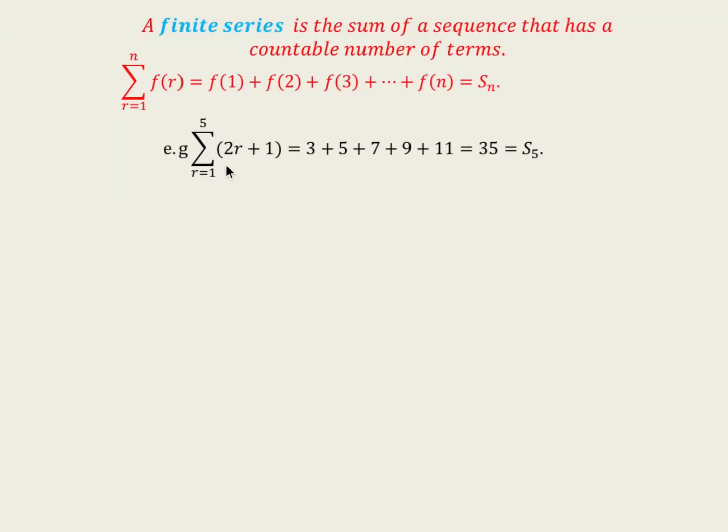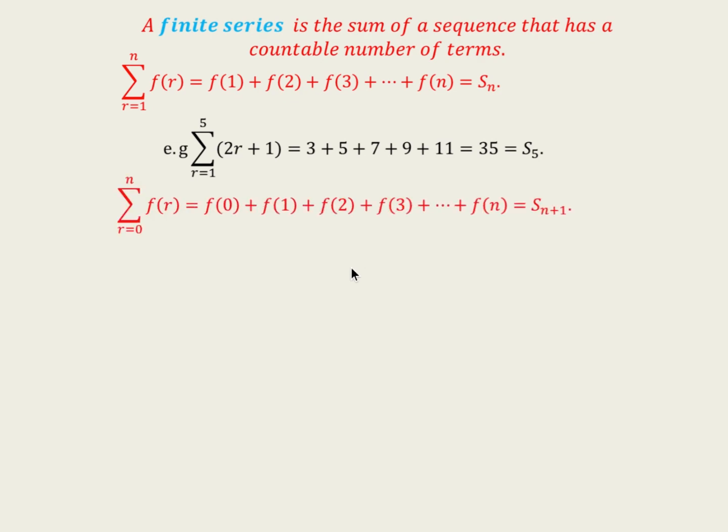So when r equals 1, you get 2 into 1 plus 1, which gives 3. When r equals 2, you get 2 into 2 plus 1, which gives 5, and so on up to when r equals 5, where you have the last term. You substitute 5 in the summand, you get 2 into 5 plus 1, which gives 11.